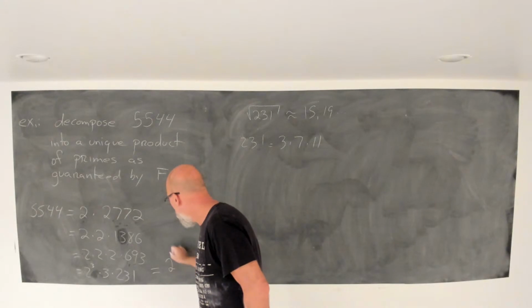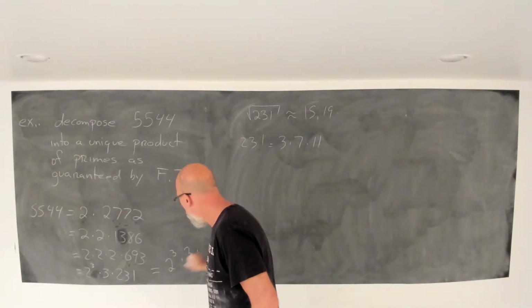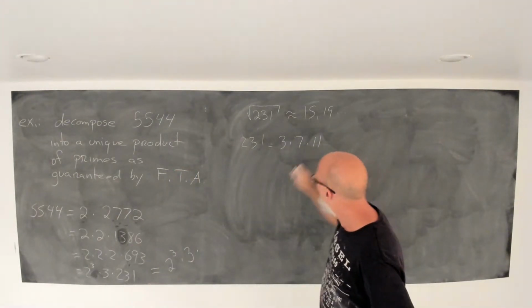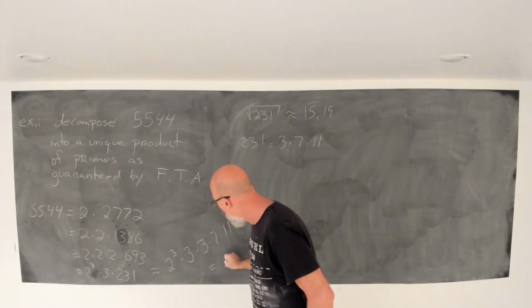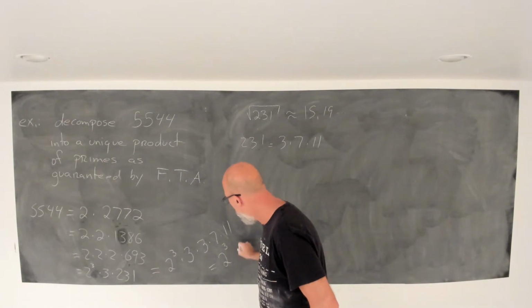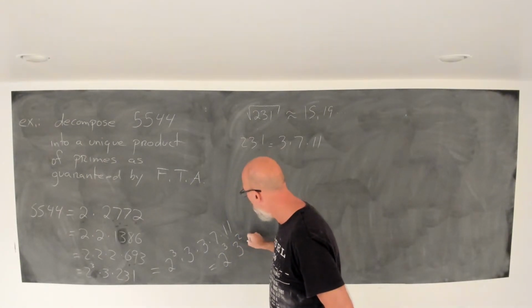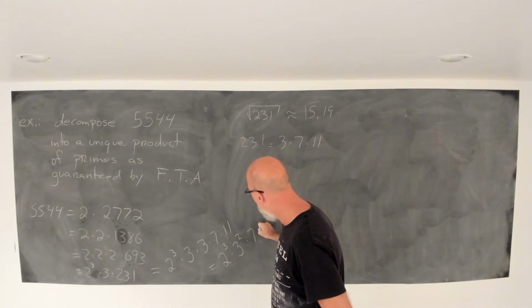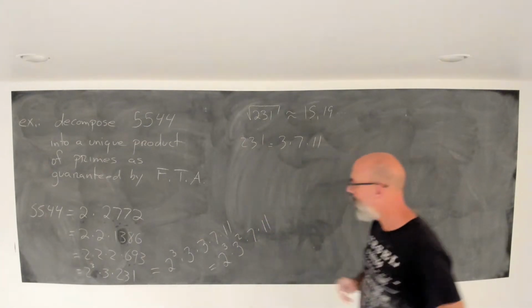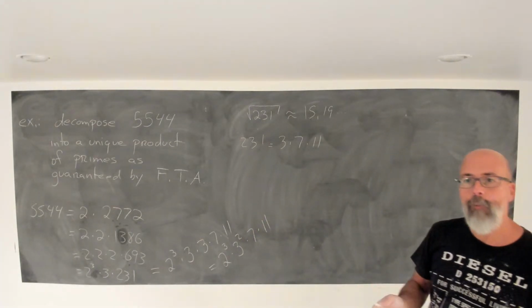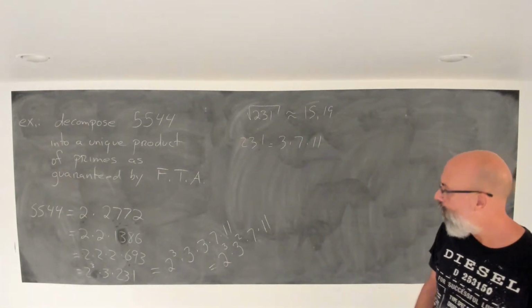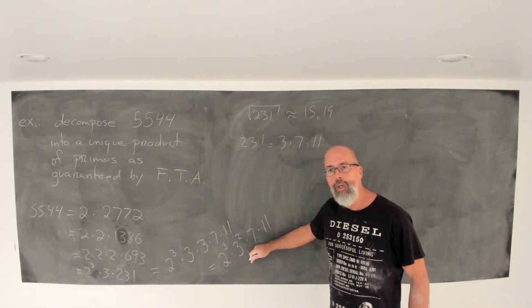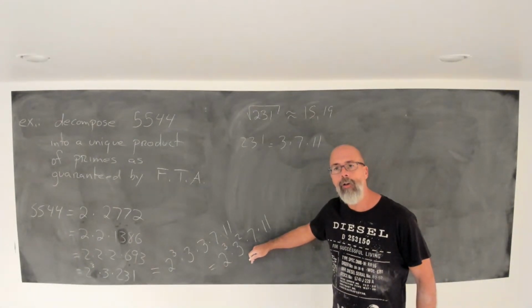So this is 2 cubed times 3. 231 is 3 times 7 times 11. So in other words, this is 2 cubed, 3 squared, 7 times 11. And we have decomposed 5,544 into a unique product of primes.